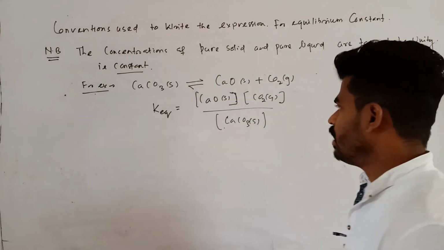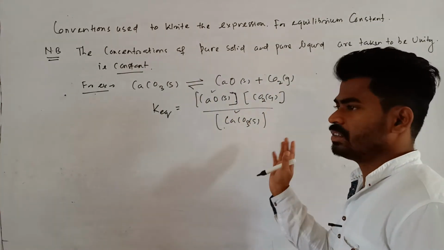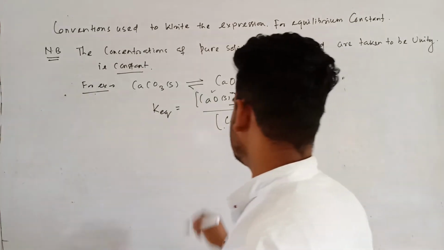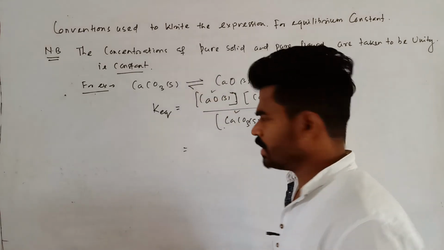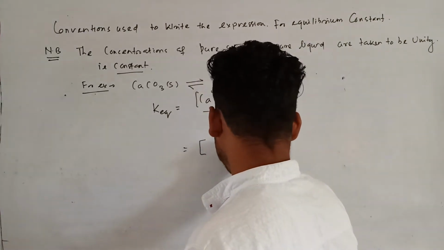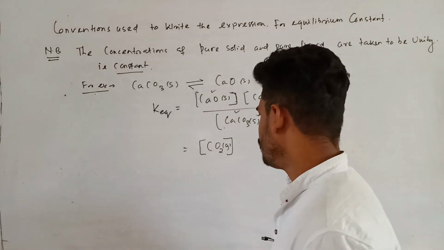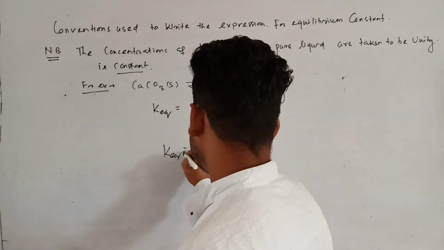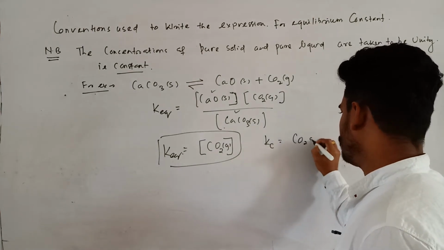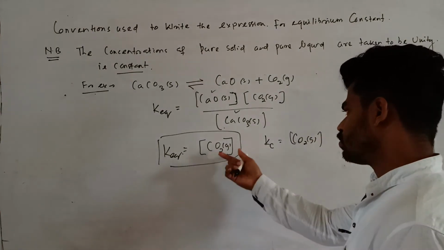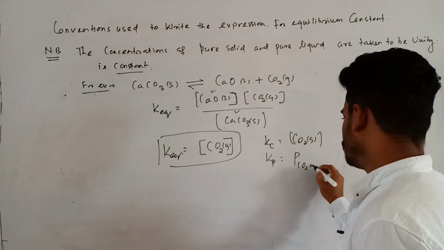But what I have told you, if there are pure solid components, you just consider their concentrations as constant, that is unit concentration. So by placing 1 over here, I can directly write that K equilibrium is equal to only the concentration of the gaseous component, CO2 gas. So in terms of concentration, Kc is equal to CO2 concentration. Since it is a gaseous component, the best way is Kp, that is equal to the partial pressure of CO2 gas.